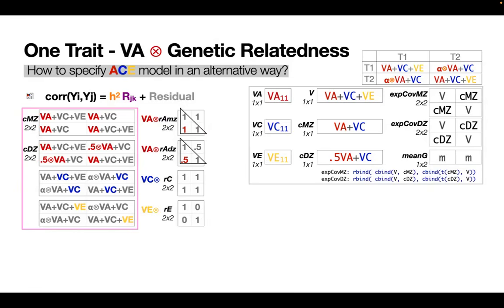Finally, the E component only contributes to the variances and not to the covariances, so this can be specified as a diagonal matrix.